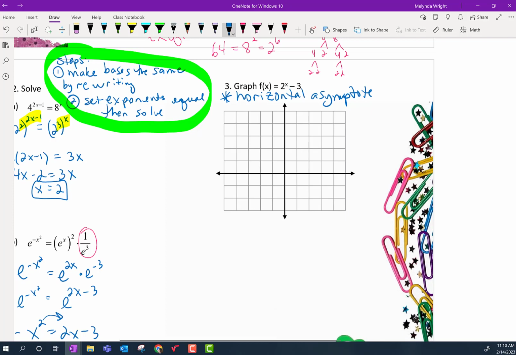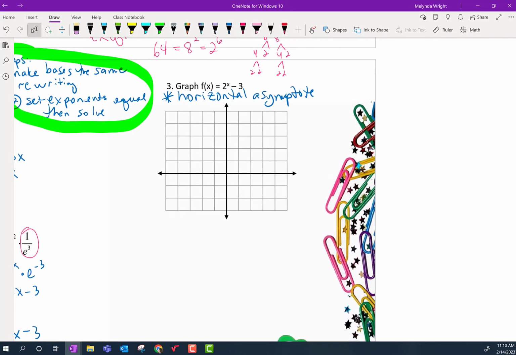I like to graph by transformations. You can graph by plotting points if you want to, but I'm going to graph by transformations. So let me shrink this just a little bit. All right. So the parent is basically this with all the transformations taken off.